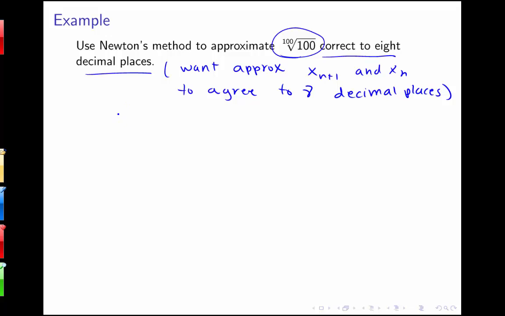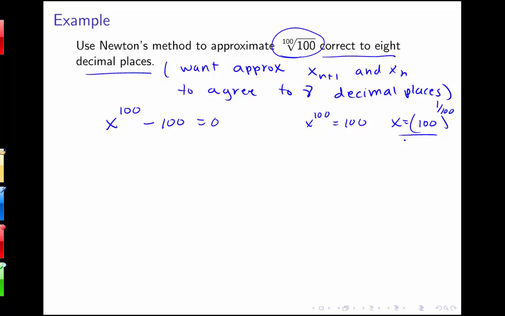So looking at this, I can notice that if I had the equation x to the 100 minus 100 equals 0, and I tried to solve that for x, I would have x to the 100 equals 100, and then I'd say, well, x must be the 100th root of 100.